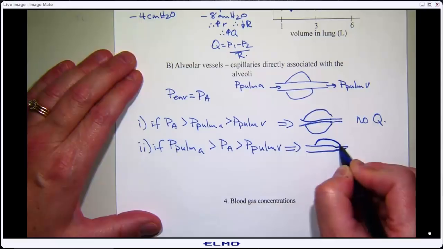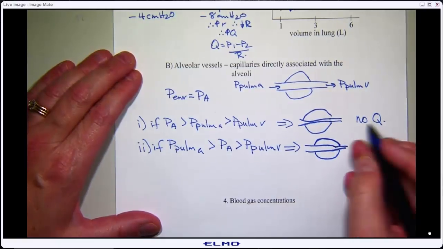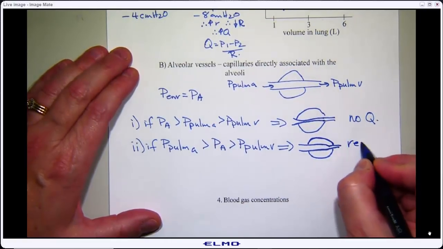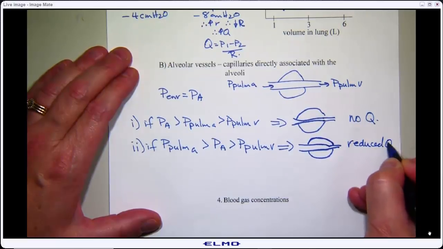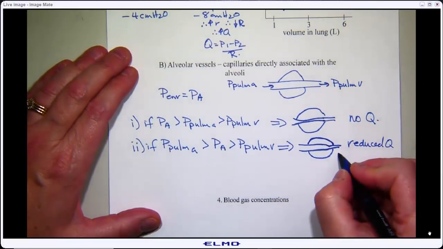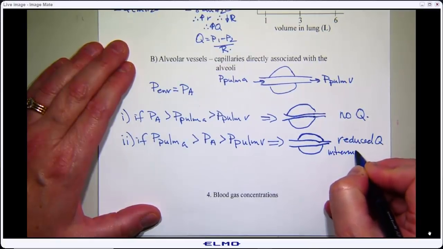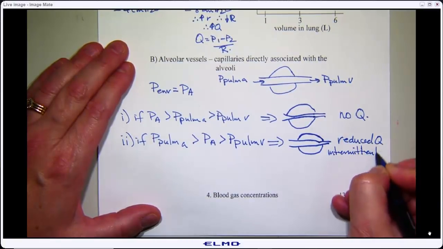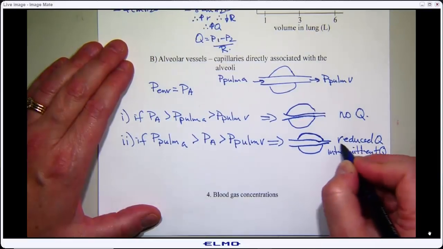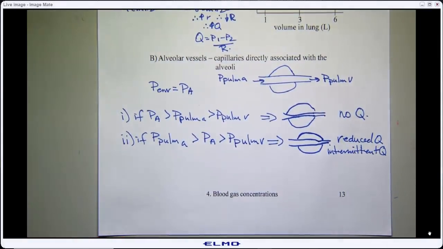Oop, a little smushed alveoli there. So you'll have reduced flow, or it's also been called intermittent flow. So flow that will stop but then start again, stop and then start again.